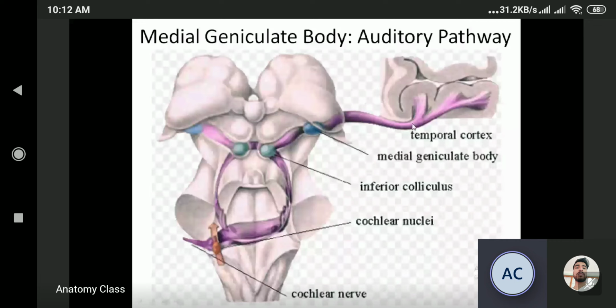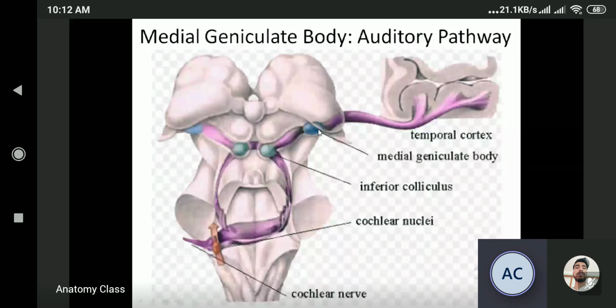So this is how the cochlear nuclei, or the auditory pathway, are connected with the inferior colliculi, then the medial geniculate body, and from there to the auditory cortex in the temporal lobe. Just to recall, the medial geniculate body is associated with the auditory pathway.